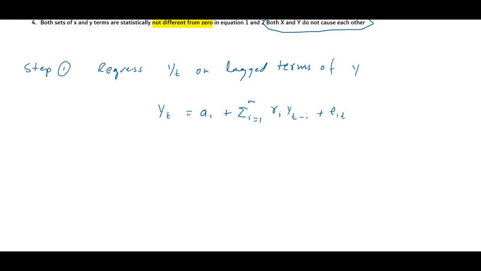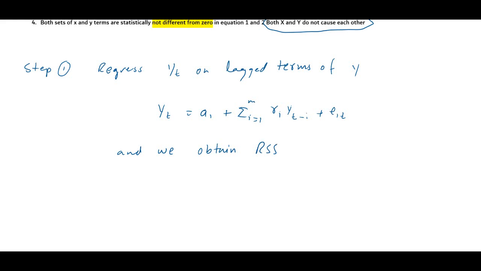So this is our equation, and we regress the equation and we obtain the residual sum of square from this equation.